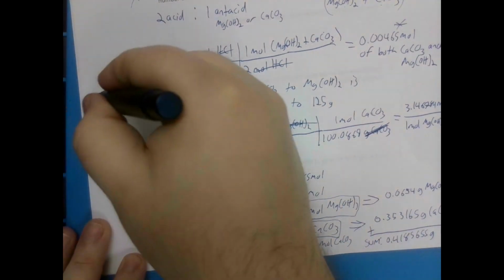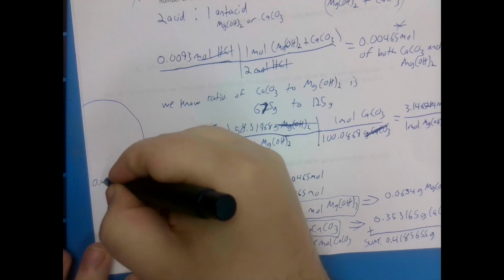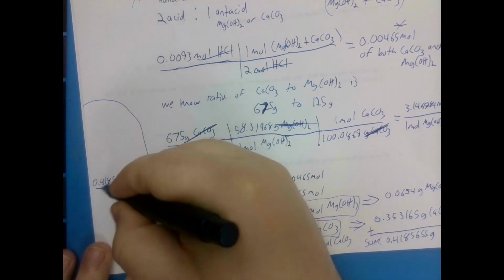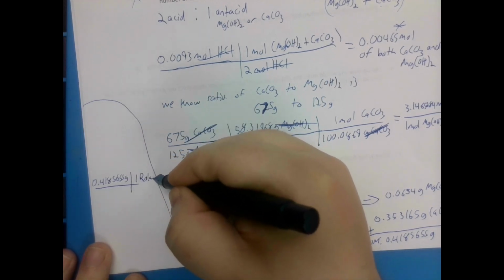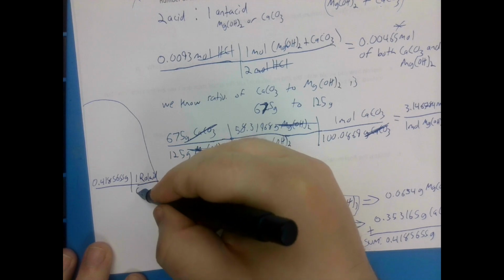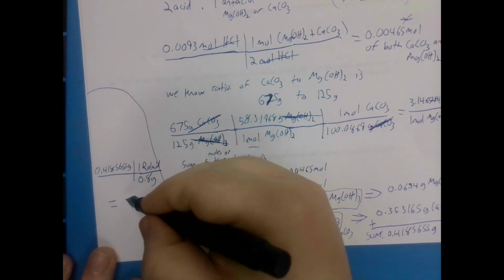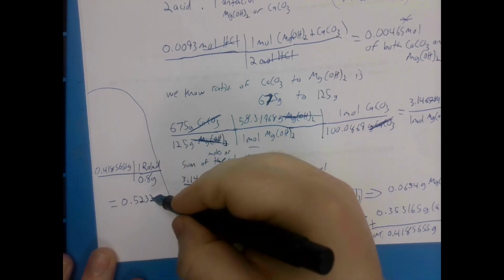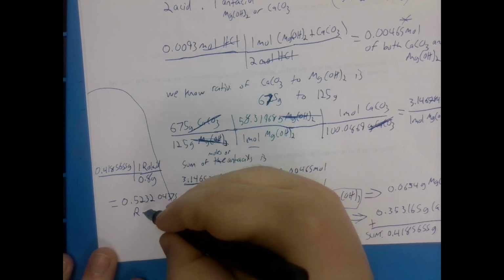So I have 0.418565 grams of Rolaids, and I know that one Rolaid is equal to 0.8 grams. Doing this calculation, you get an answer of 0.5232 Rolaids.